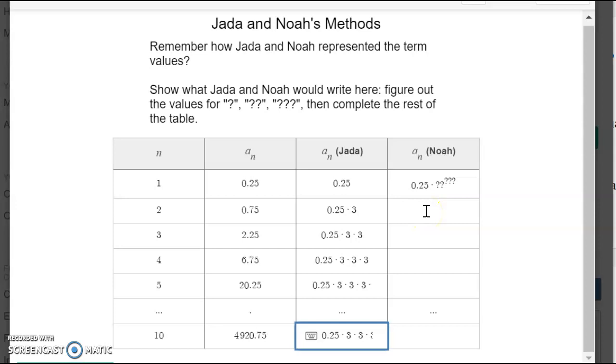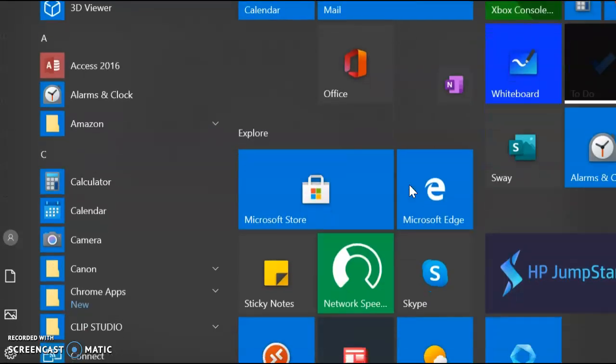Now let's try to do Noah's column. 0.25 times what is that? Okay, well, we don't really know what that is. So let's go to the next slide. And hopefully we'll be able to figure that out.